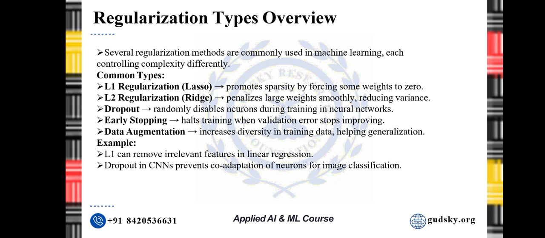Then data augmentation: you artificially expand your dataset with transformations like flipping, rotating, or scaling images. This exposes the model to more variations and reduces overfitting. Each of these techniques keeps your model from memorizing and pushes it to actually learn general patterns.